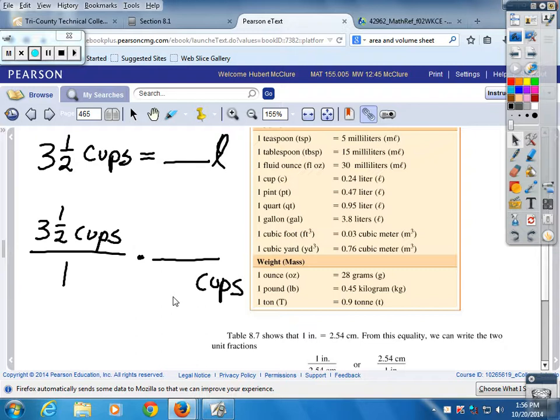1 cup is equal to 0.24 liters. And what cancels out?